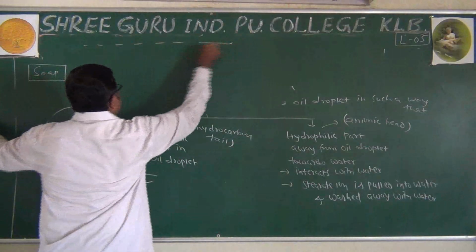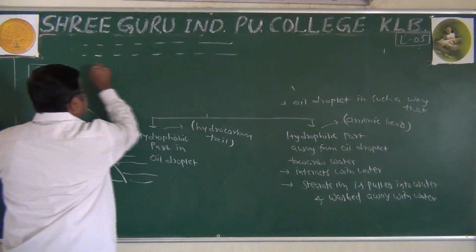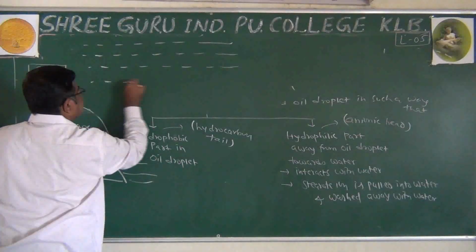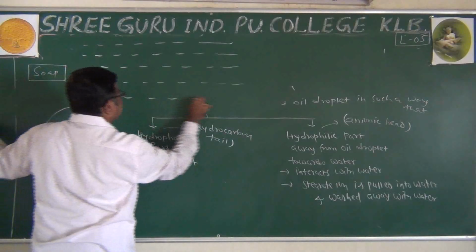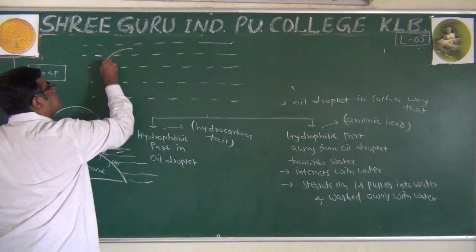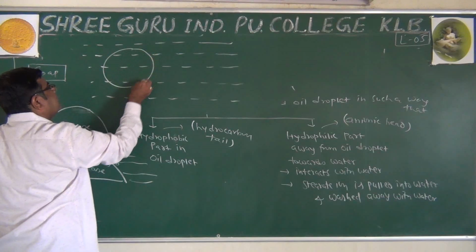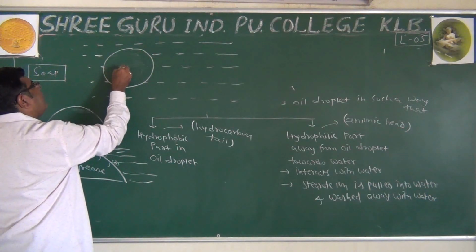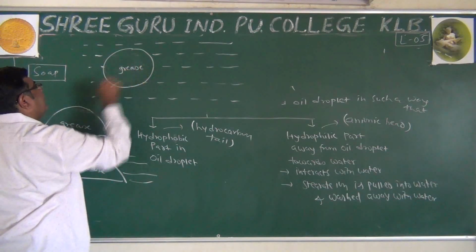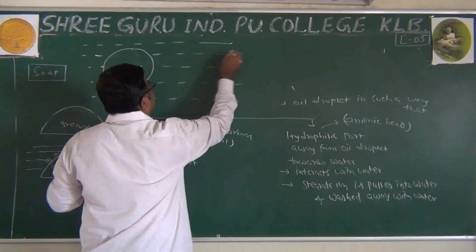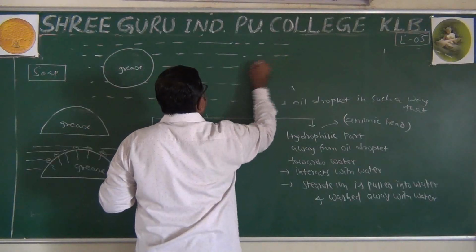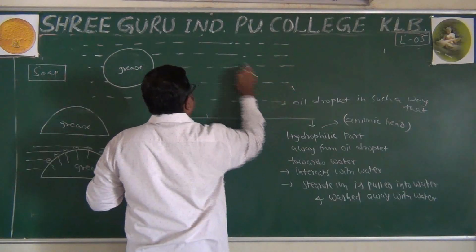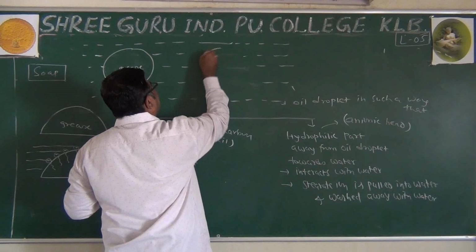So this is the water medium, and this central part is the oil droplet. I will draw one more so that you can understand. Many such parts are formed.